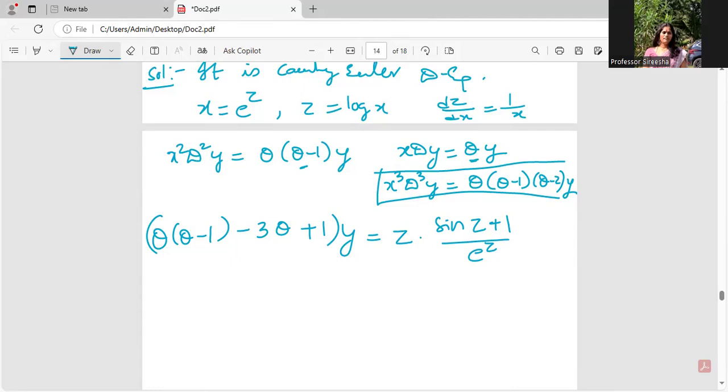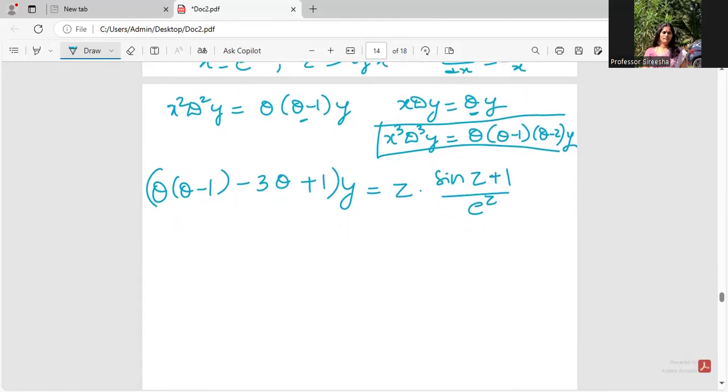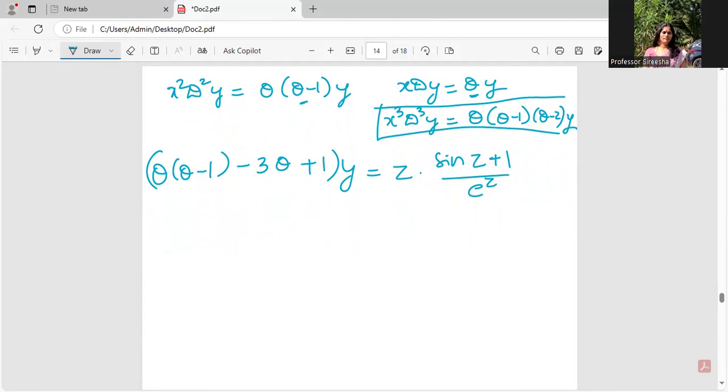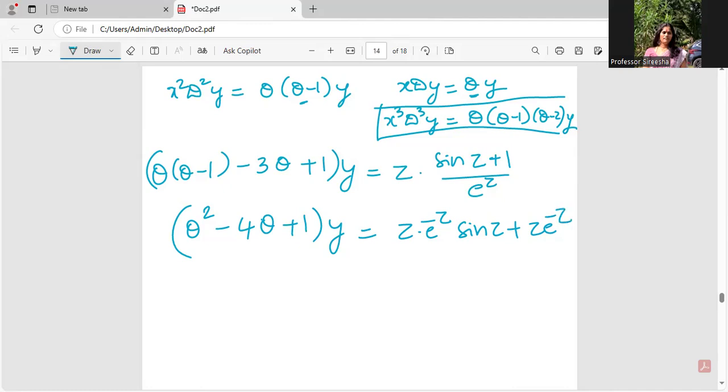So I will rewrite the right side part later. First I'll handle the left side part, which is nothing but theta squared minus 4 theta plus 1 into y. This is equal to e power z and e power minus z are common. Sin z is one term, another term is z into e power minus z. These are the two things that I have.